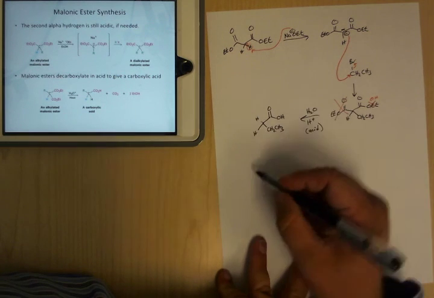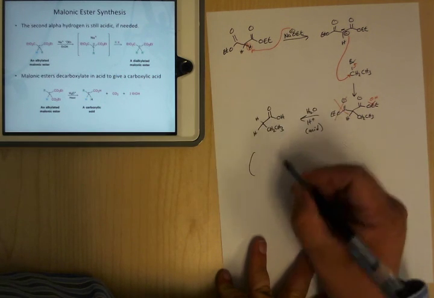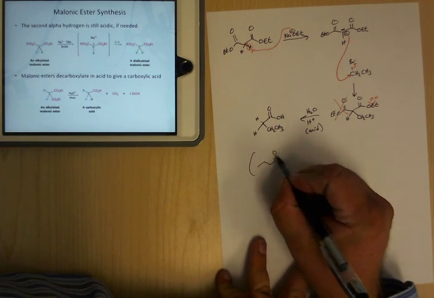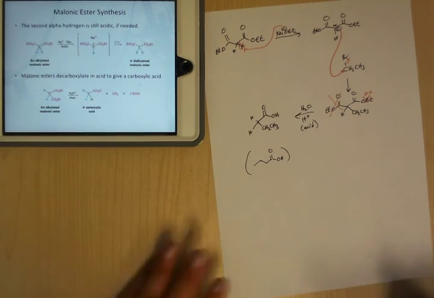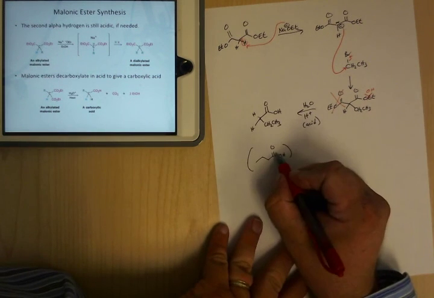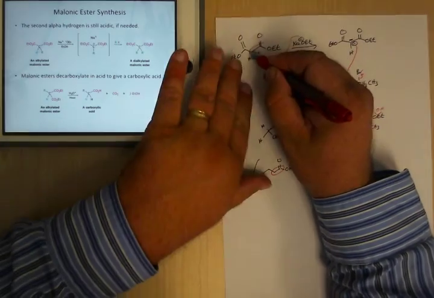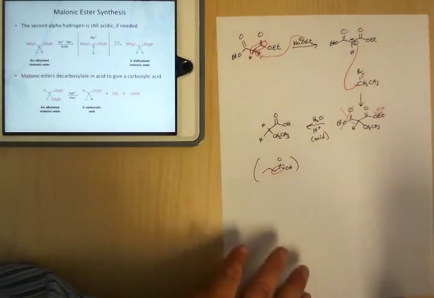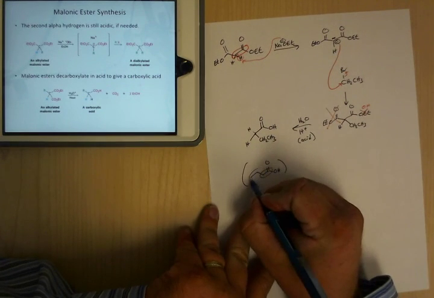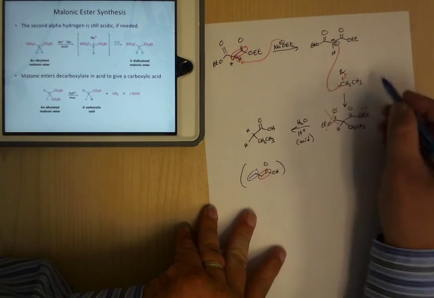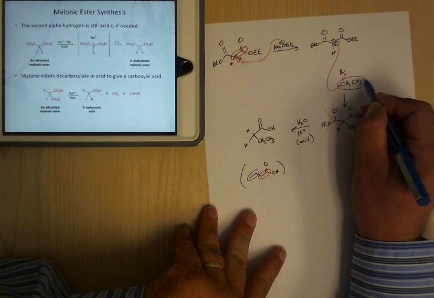Now you can redraw that as 1, 2, 3, 4, as just like this. But these 2 carbons here came from these 2 carbons here.